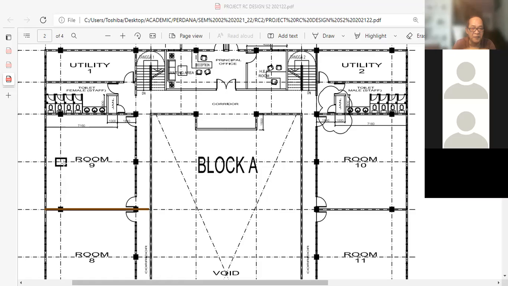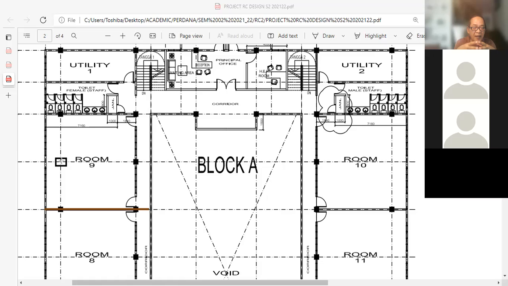Okay, so physically we cannot allow any columns to be within a classroom. For an office it's fine. I mean, if this is an office space, then I wouldn't mind the columns being exposed in the office space, because it will not obstruct anything.